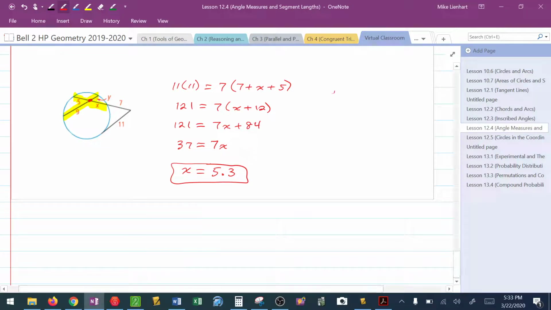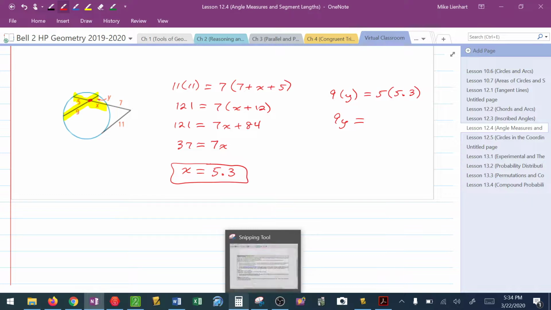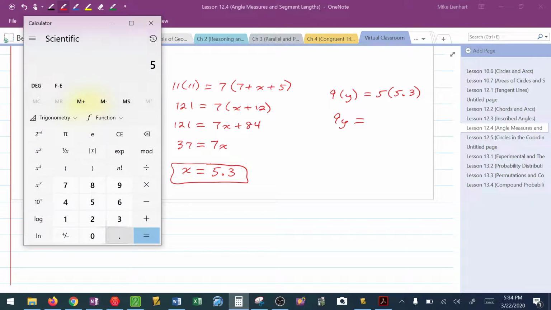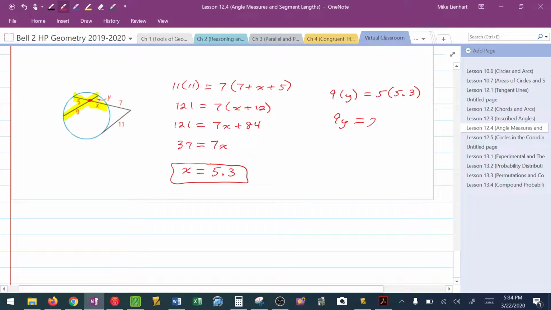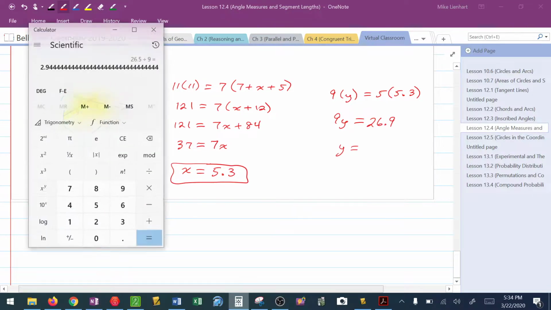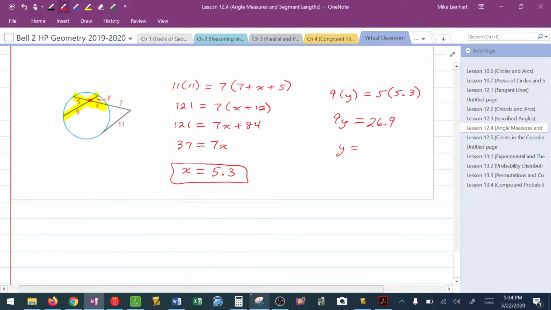I have 9 times y is equal to 5 times x, but I'm going to use the approximation of x, 5.3. 9y is equal to 5.3 times 5, which would be 26.5. Divide that by 9. So 26.5. And then if I divide it by 9, sorry, it was 2.9.